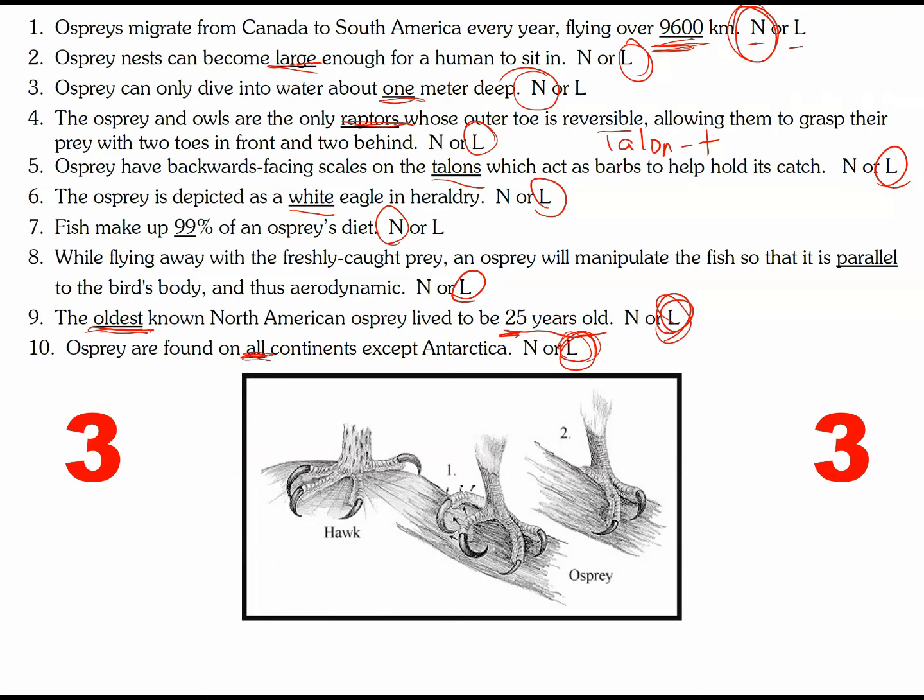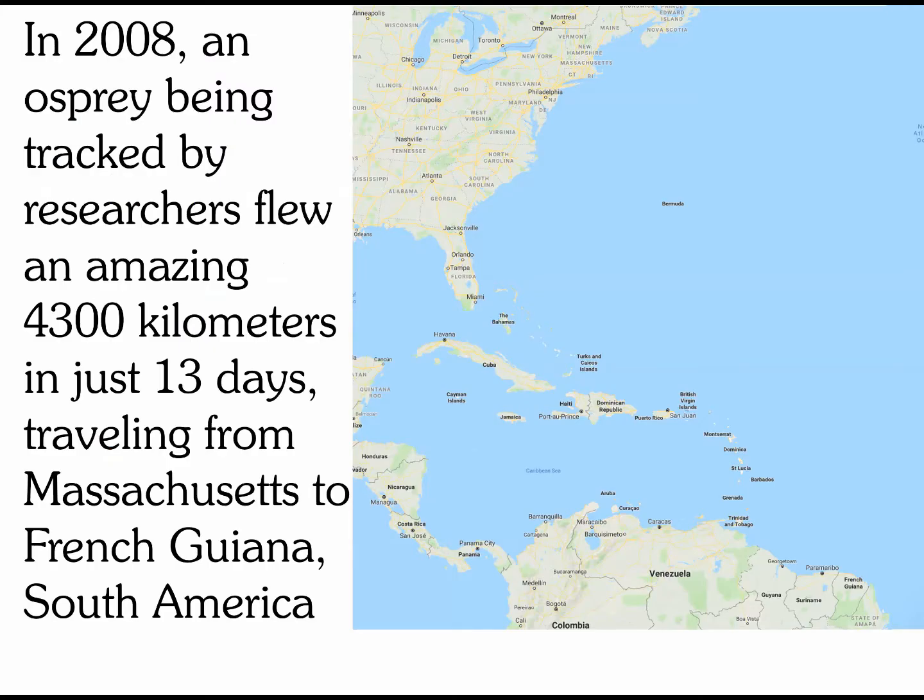Hopefully we've moved you from your 3s to 4s. If not, let's do one more example. This isn't in your study guide, just something for us to look at and discuss here. In 2008, an osprey being tracked by researchers flew an amazing 4,300 kilometers in just 13 days, traveling from Massachusetts to French Guiana, South America, North America to South America, 13 days to cover that 4,300 kilometers.